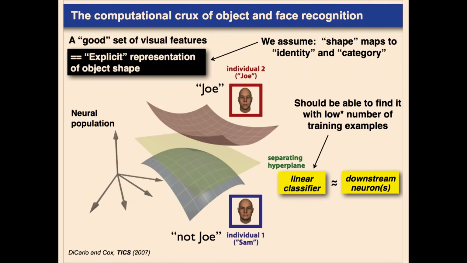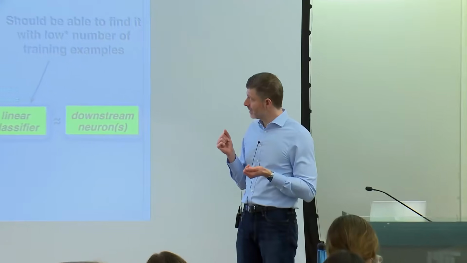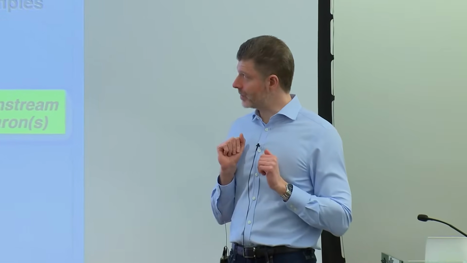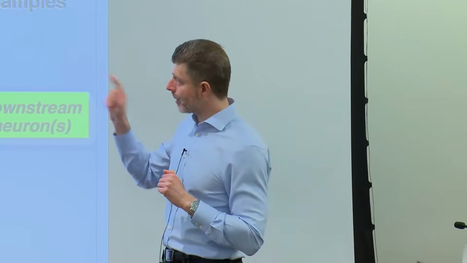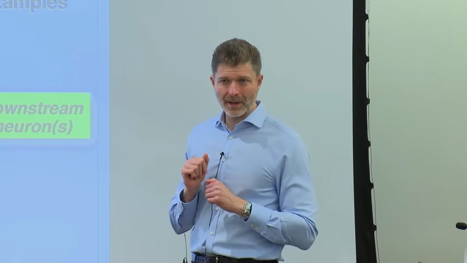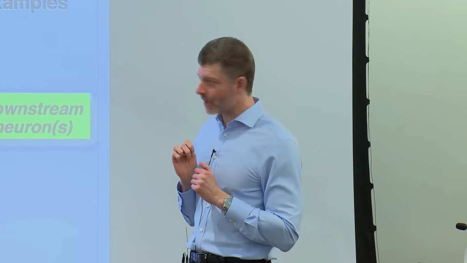And so the proposal here is that what we would like to achieve with our brain, in particular with our visual system, is a good set of visual features that has this property, okay, that we're going to call an explicit representation of object shape.